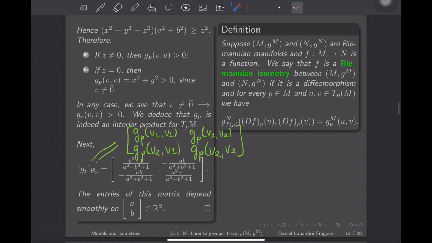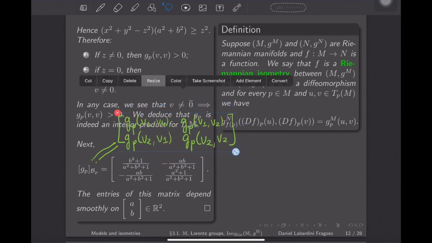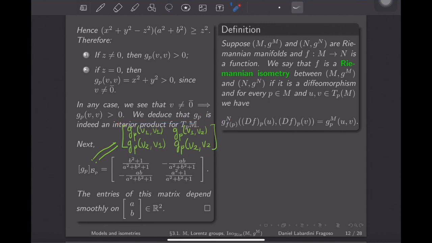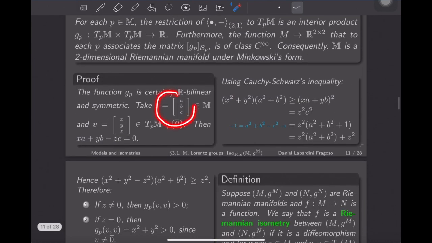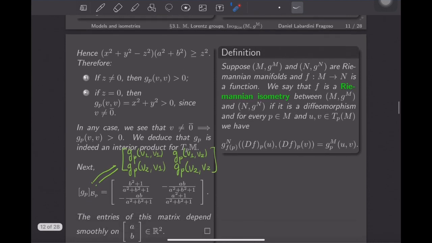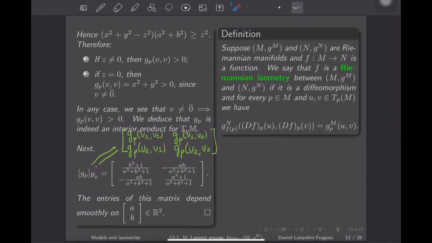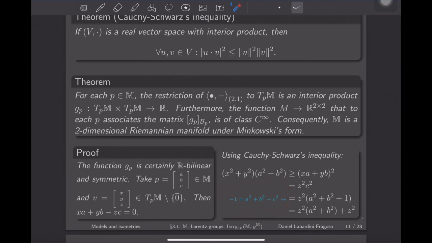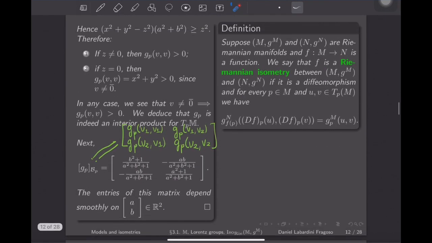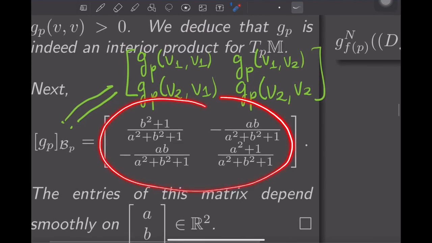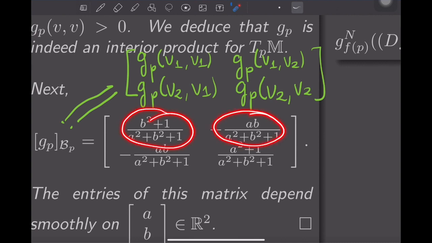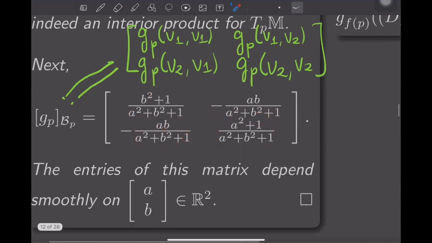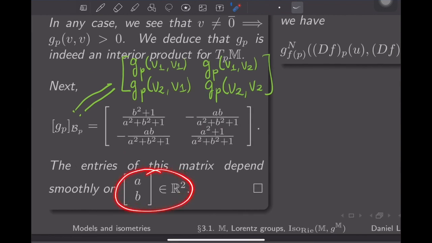And what I obtain when I do that is this matrix, where, you remember, P was written as ABC, and C really can be put in terms of A and B. And then the entries of this matrix each define a function of class C infinity on AB, I mean on the two coordinates.